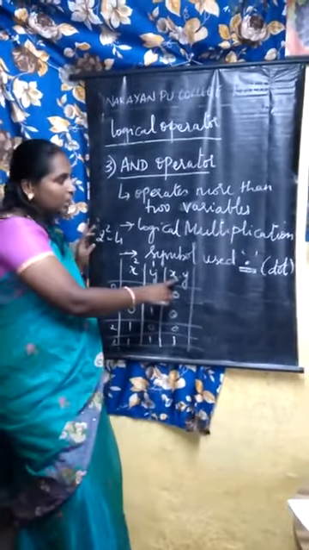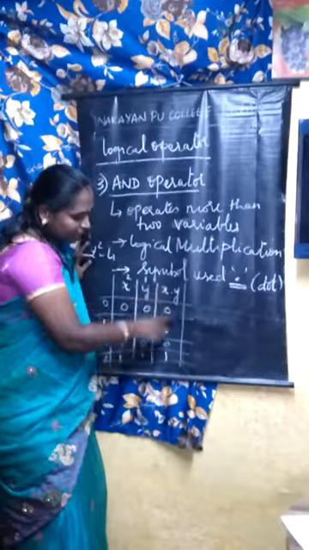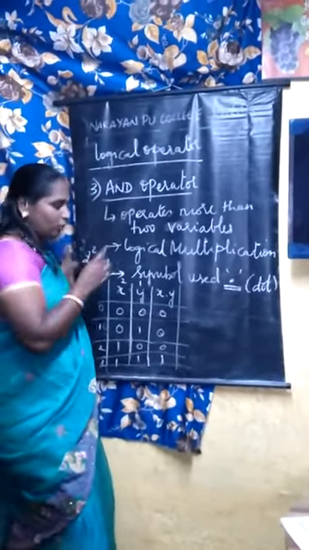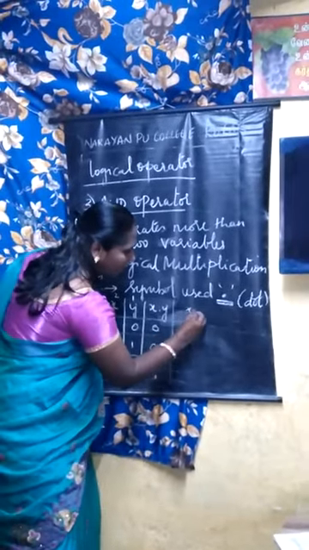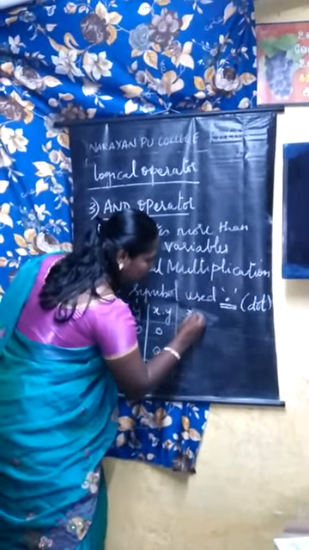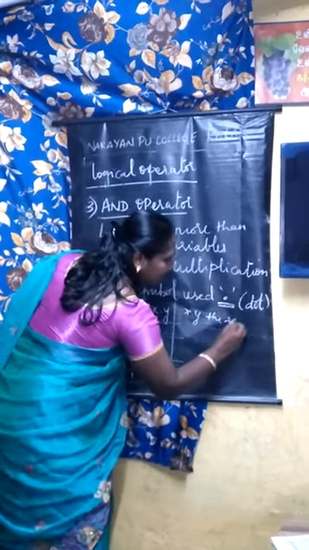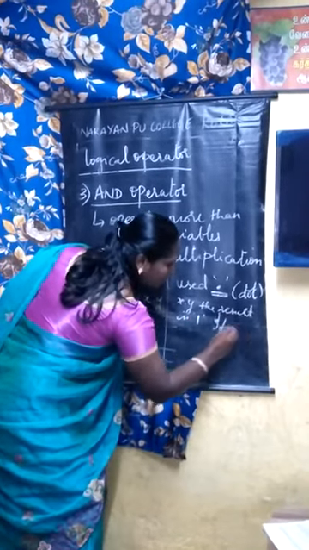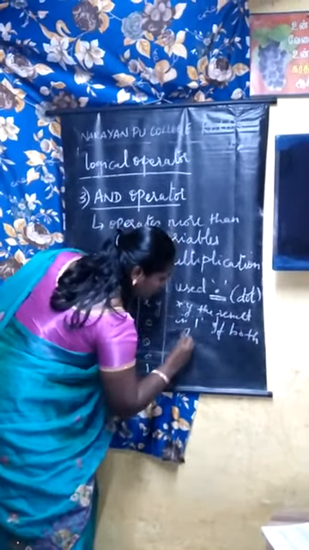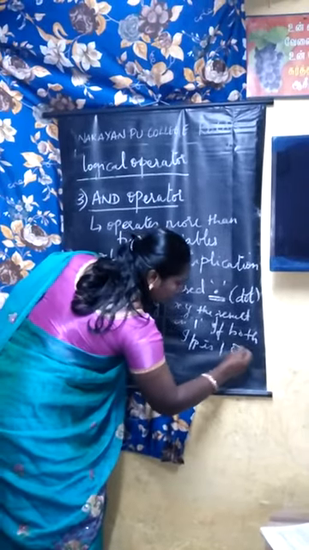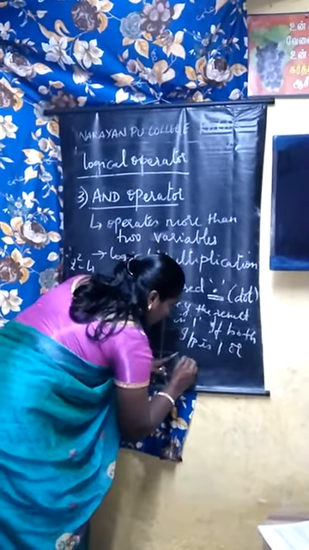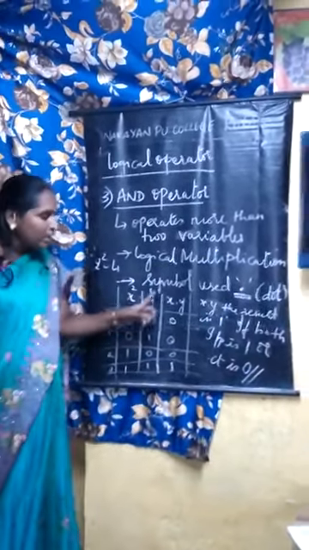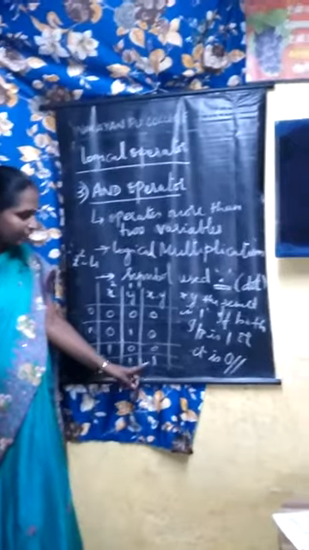So in your logical AND operator, the result is 1 if both the inputs are 1. Otherwise the result is 0. See, in x dot y, the result is 1 if both inputs are 1, or it is 0. What it tells is, only if both the inputs are 1, the result will be 1.